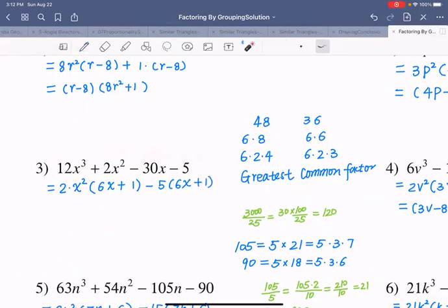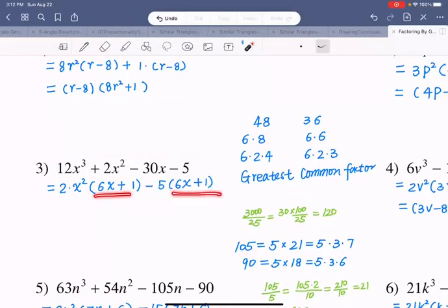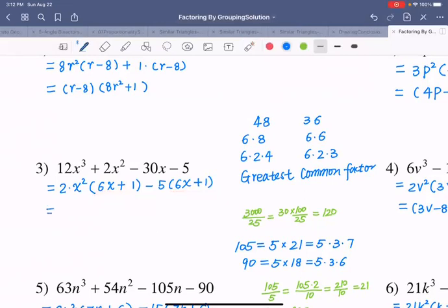Next step. This guy and this guy are the same. So you can take this guy out. Go ahead. This will be 2 and 6x plus 1 parentheses 2x squared minus 5. There you go. Thank you.